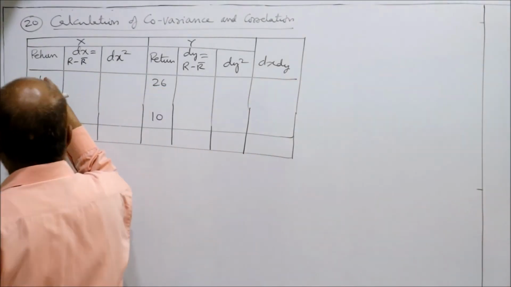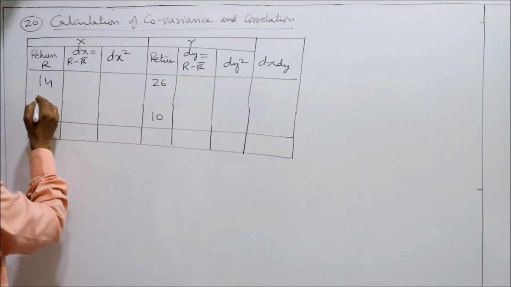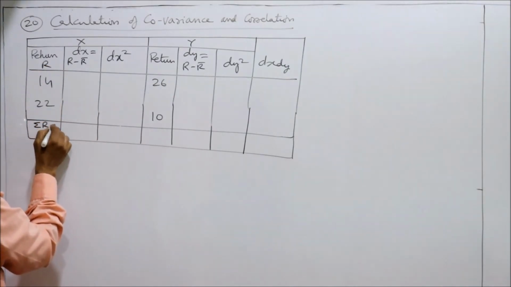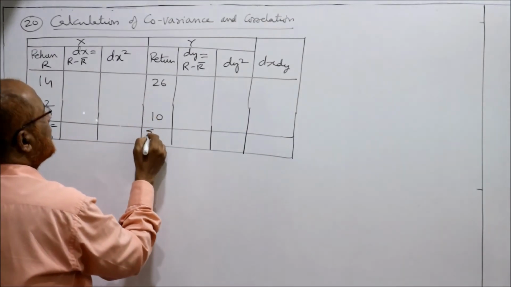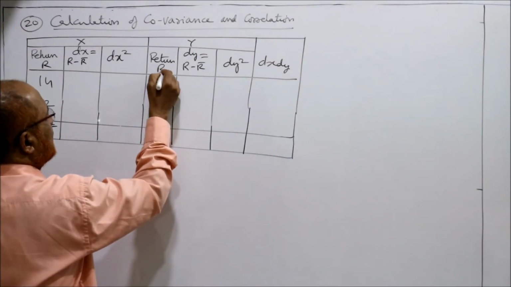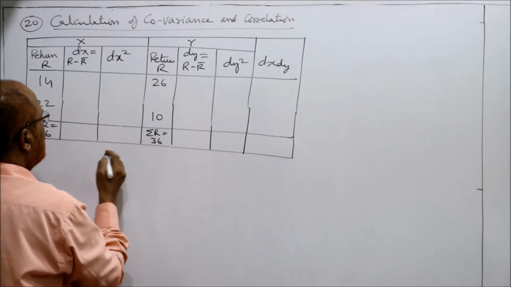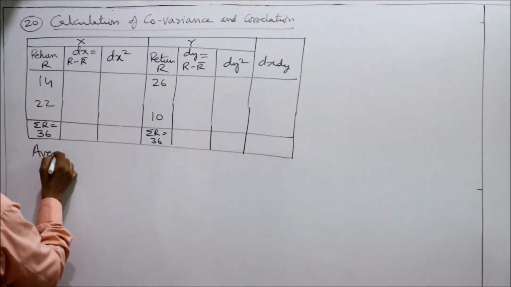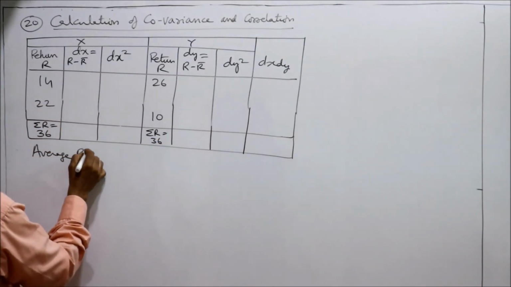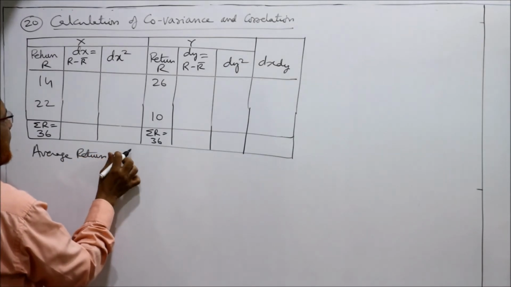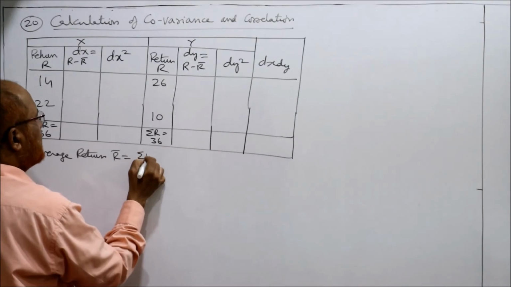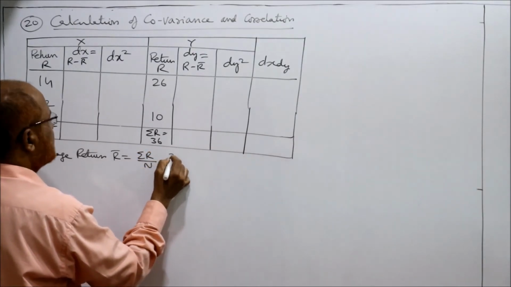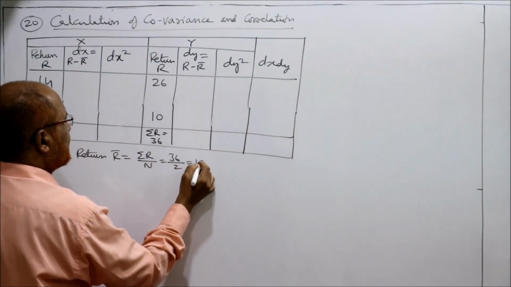So the total summation R is equal to 36. Here also summation R is equal to 36. So average return R bar is equal to summation R by N, that is 36 by 2, 18.